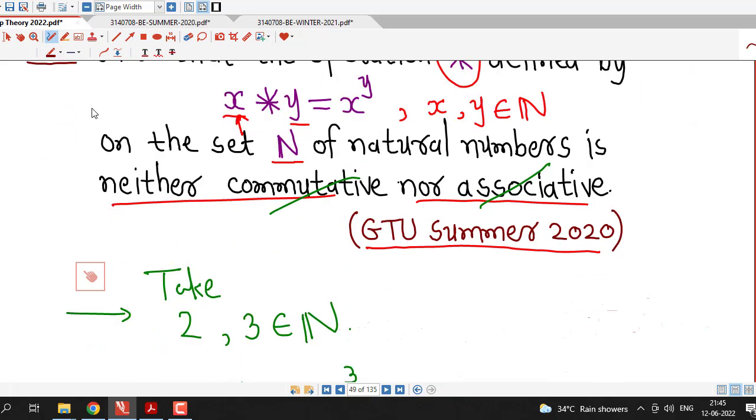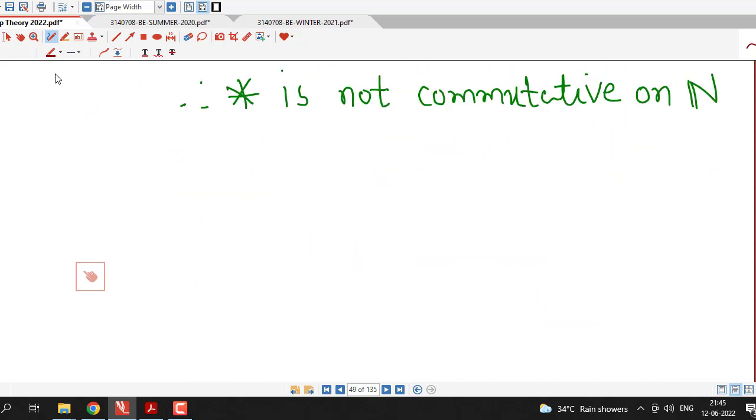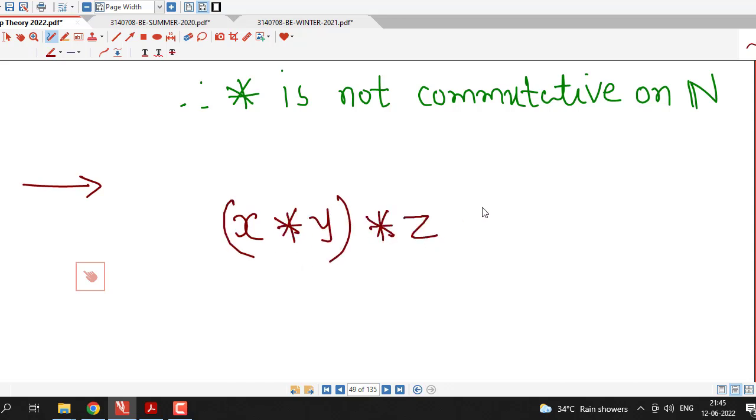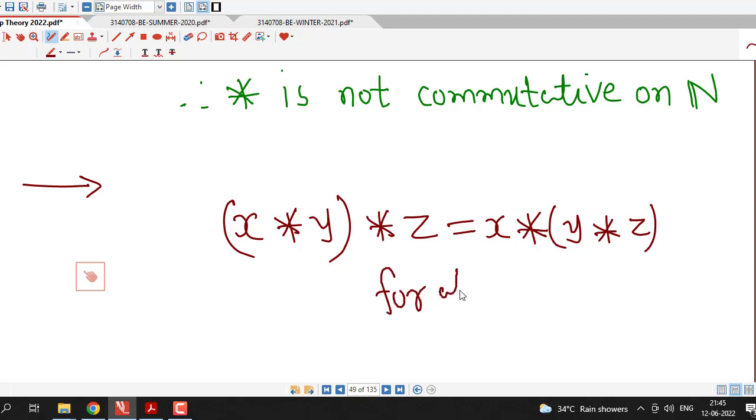So we have to search for three elements now, because if our operation is associative, then we must have x star (y star z) equal to (x star y) star z for all x, y, z in this set of natural numbers.